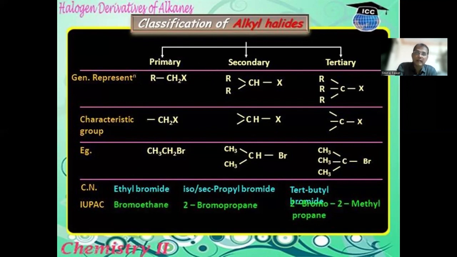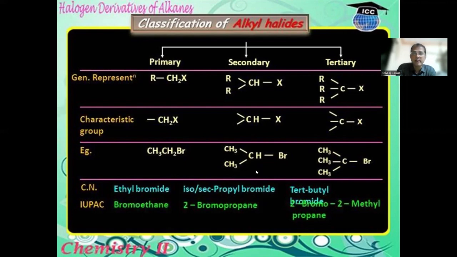Now, nature of carbon atom is of three types: primary, secondary, tertiary. Now, see this. This is primary alkyl halide. Why is it primary alkyl halide? Because the carbon atom to which the halogen atom is attached is attached to only one other carbon atom. This is called as primary alkyl halide.